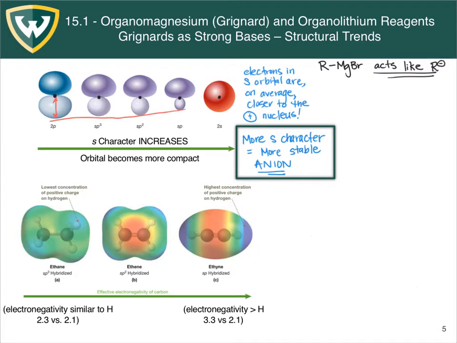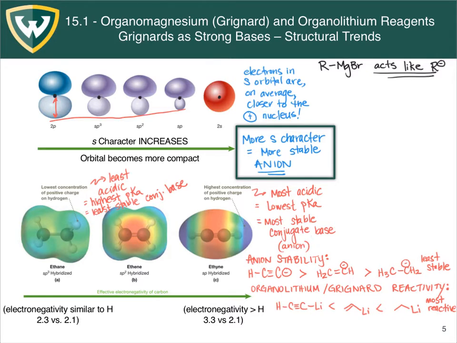So you can see this hydrogen is not very positively charged. The hydrogen on ethene, which is sp2 hybridized, is significantly more positively charged than the sp3 ethane. And then ethyne, which is now sp, with a significant amount of s character, has the most positive charge on the hydrogen. That means it has the lowest pKa value. It's the most acidic.